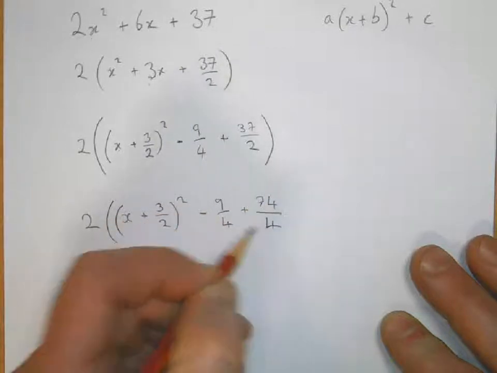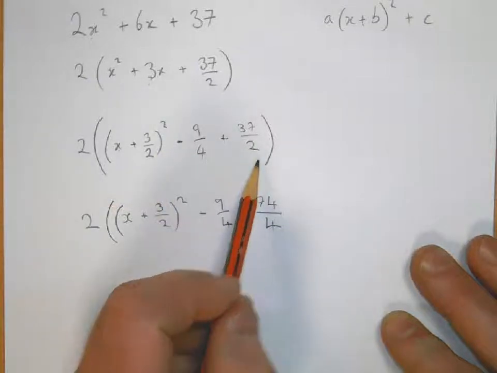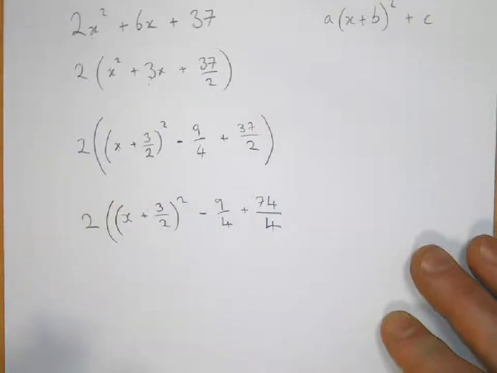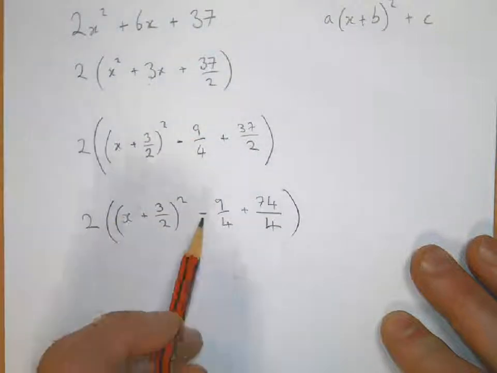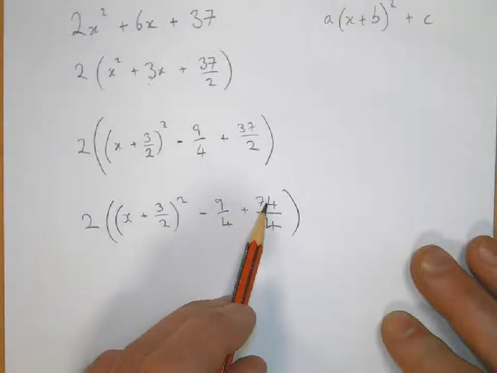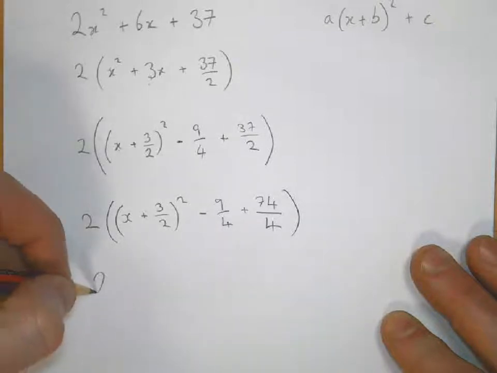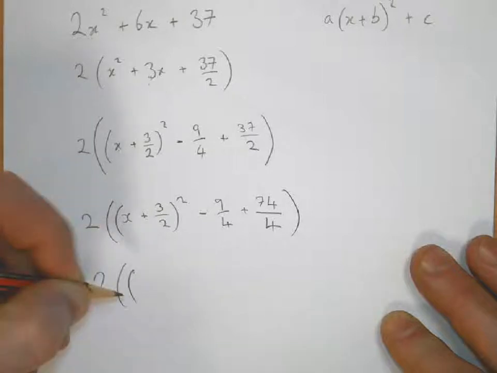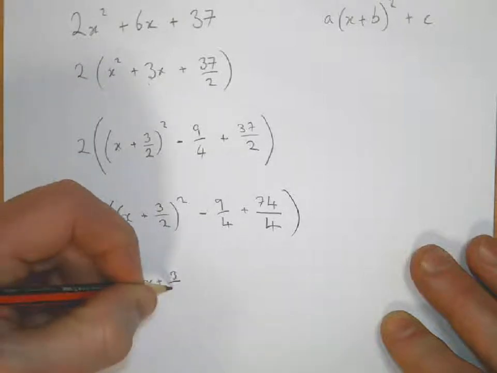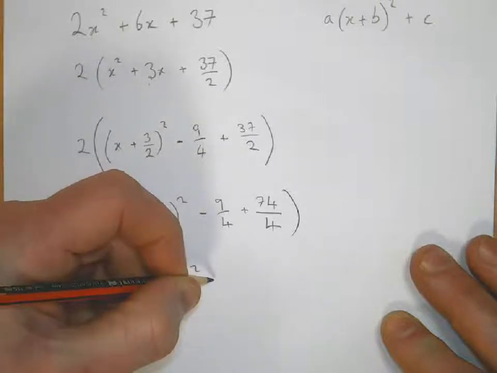So I've multiplied this by 2 to make the denominators both be 4. Now you've got minus 9 plus 74, that's going to give you 65. So we have 2 brackets x plus 3 over 2 squared plus 65 over 4.